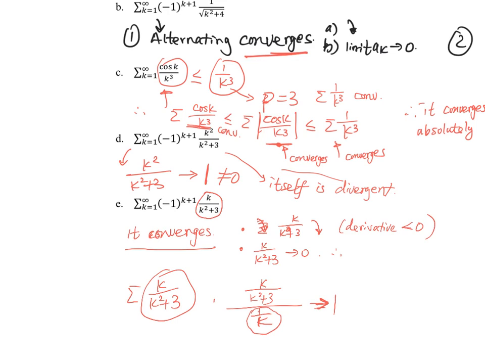Now this is a term from the harmonic series, which diverges. Therefore, summation k over k squared plus 3 diverges. So we can conclude that this one converges conditionally in this case.